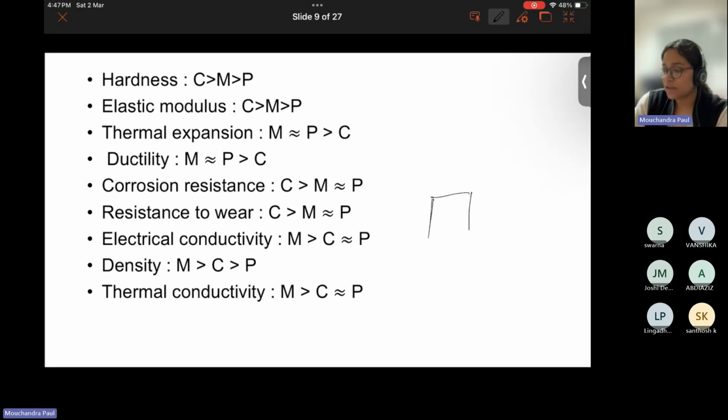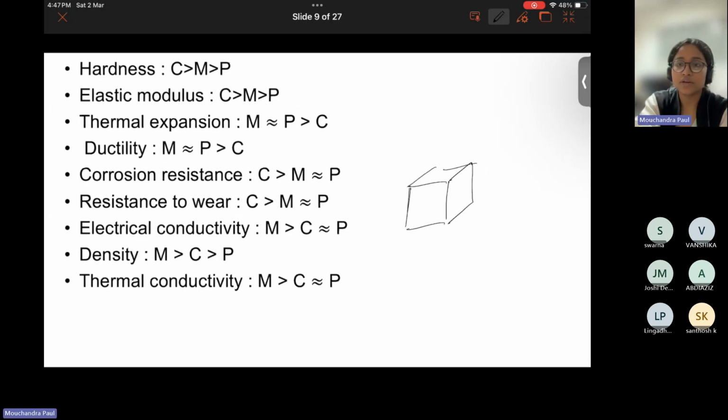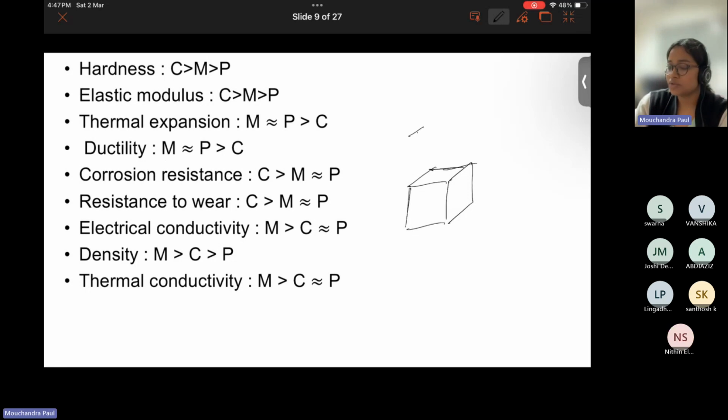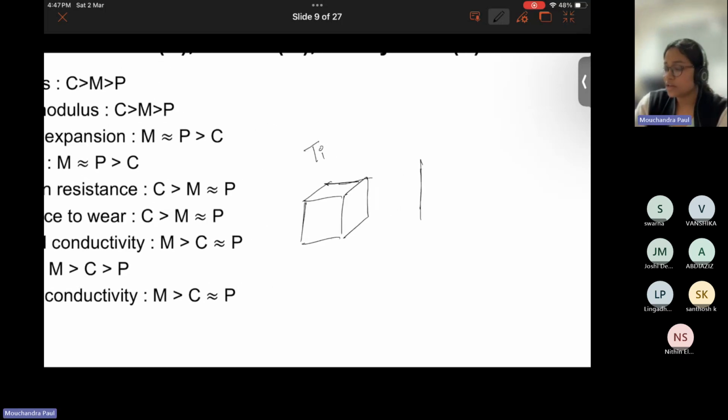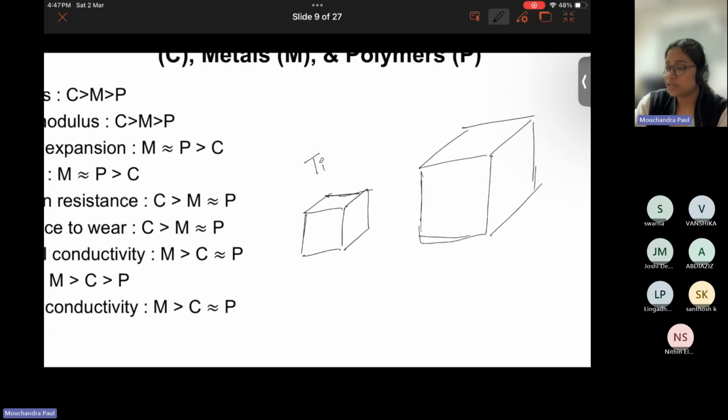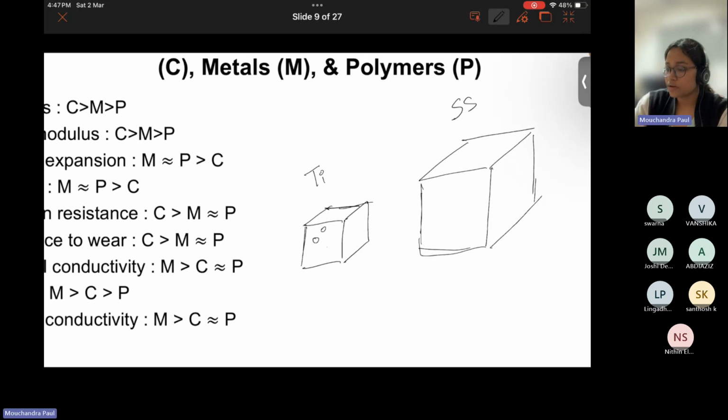Suppose you have a cube. Just listen carefully. This cube represents a unit cell of titanium. Now there is another cube, slightly larger, which represents stainless steel. Within each cube, which is hollow, there are some atoms.